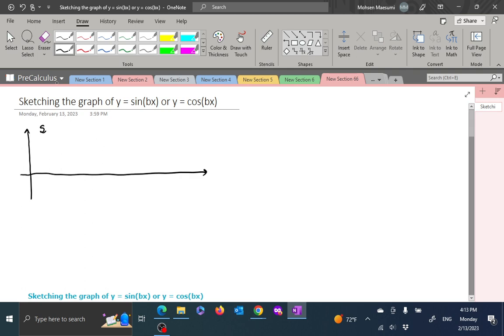So sine of x, we said the important points on it are these 5 points.